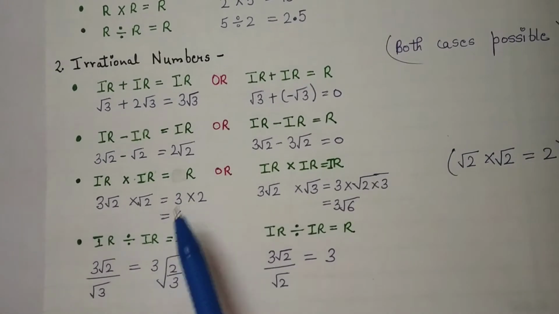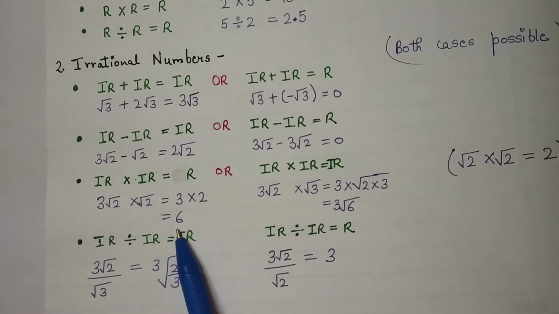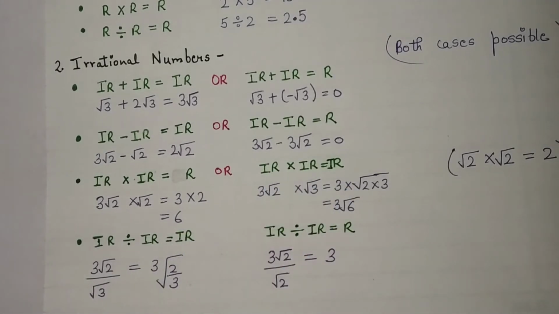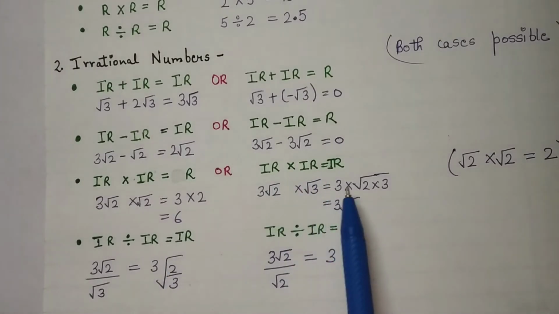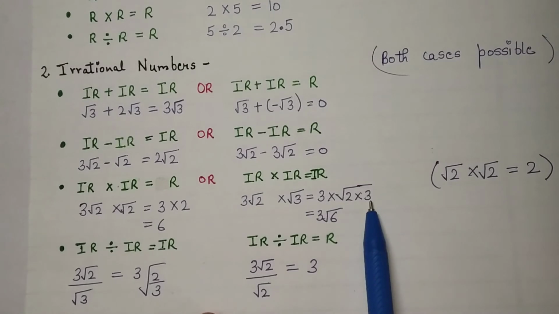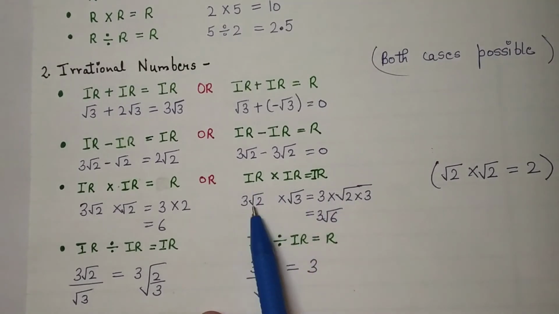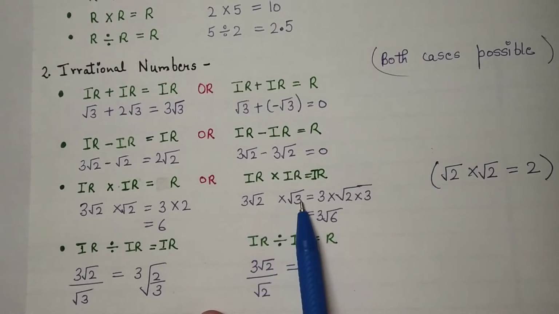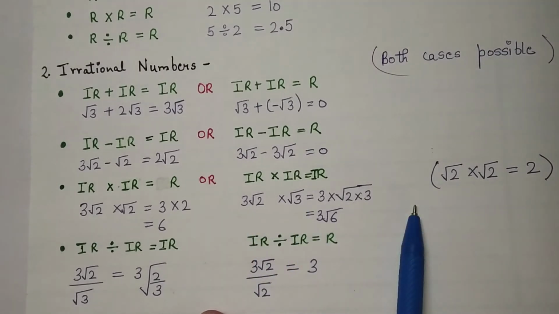So this is 2, and 3 cross 2 is equal to 6. So next, 3 root 2 multiply root 3 is equal to 3 cross root 2 cross root 3. This root 2 and root 3 stay under the root because these are both under roots and can't be split any further.